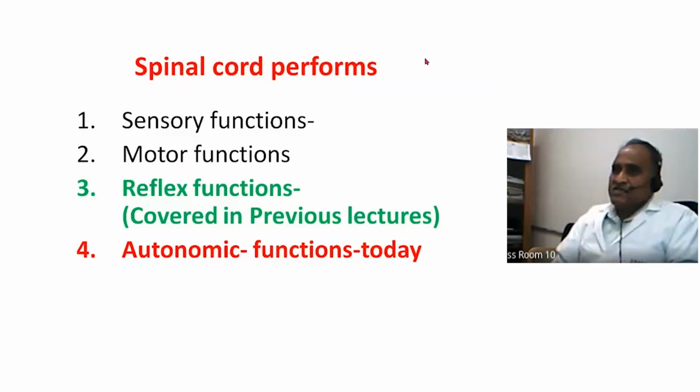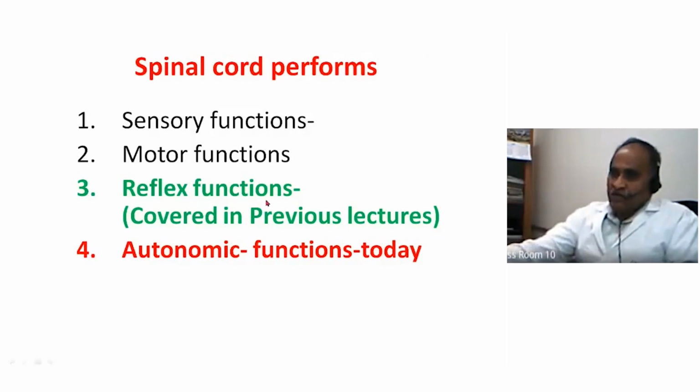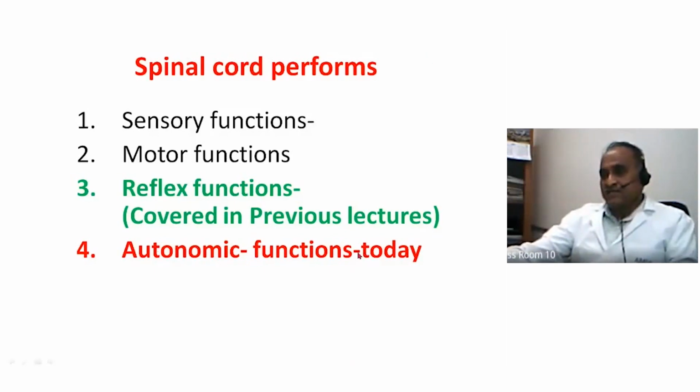I categorized them as sensory functions, motor functions, reflex functions, and autonomic functions. I have covered the reflex functions in my previous lectures. Today I am focusing on the autonomic functions.